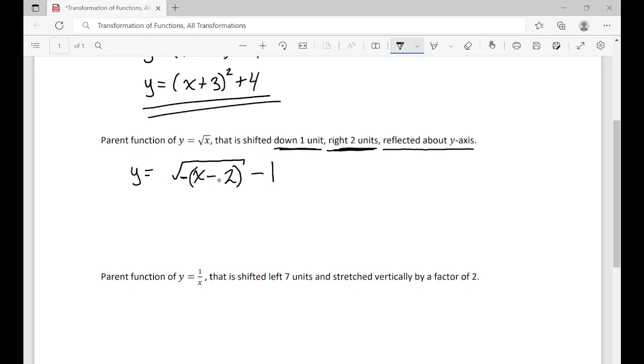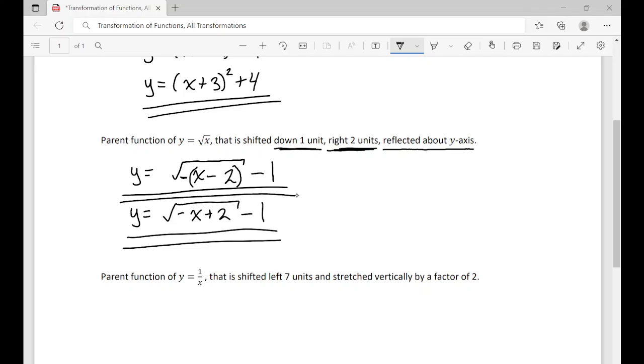You can leave it as what I have written, or you could distribute the negative on the inside, and you could have negative x plus 2 minus 1, like so. Either one is acceptable, just a matter of preference of which one you would prefer, but in either case, both of these show the exact same transformation given.